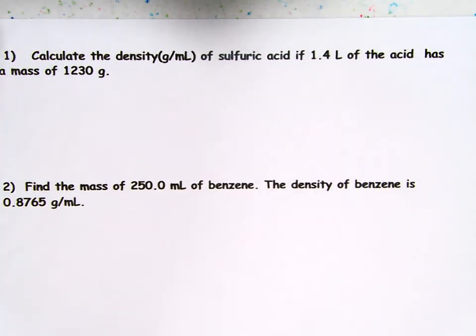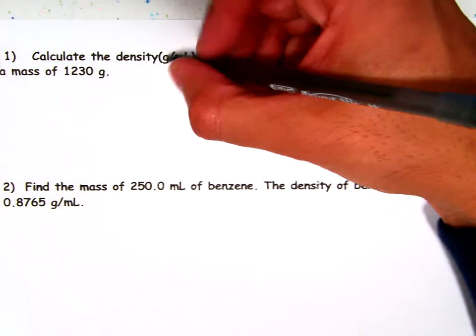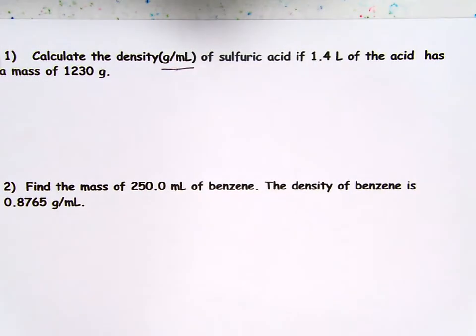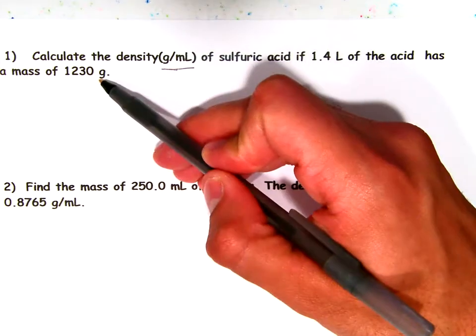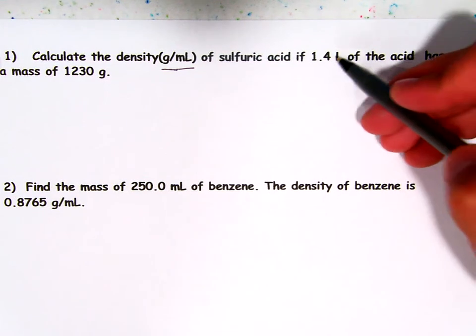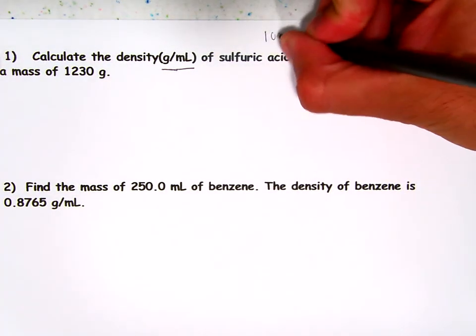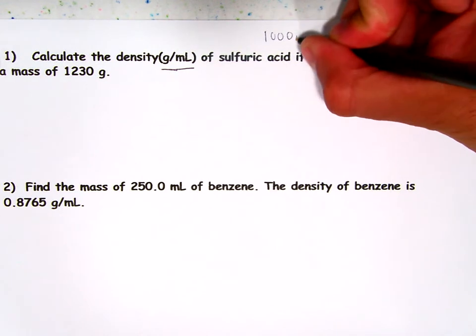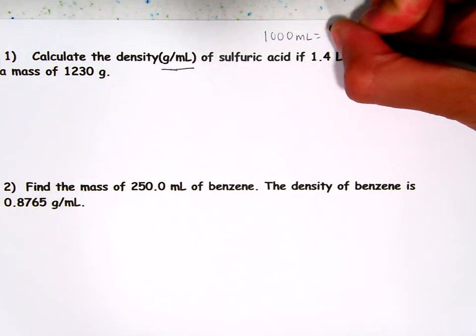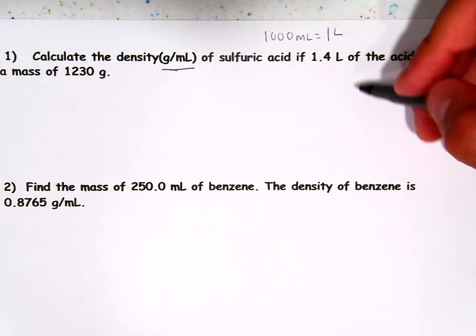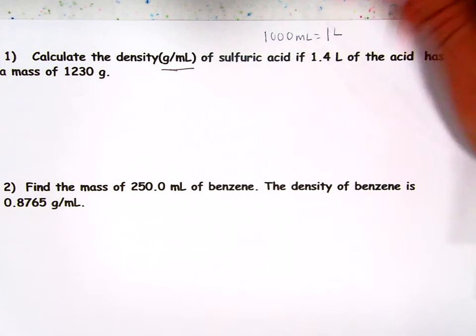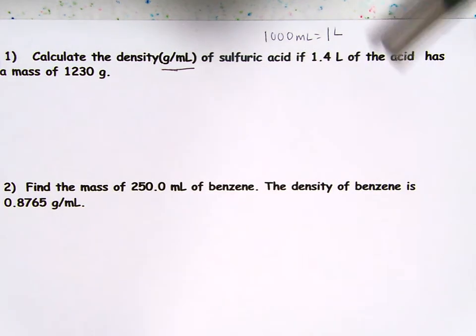However, I can't do that, because my density is always in grams per milliliter. So this is good, but this has to be converted into milliliters. And that's where the conversions come in. So we know that 1,000 milliliters equals 1 liter. So let's convert this.